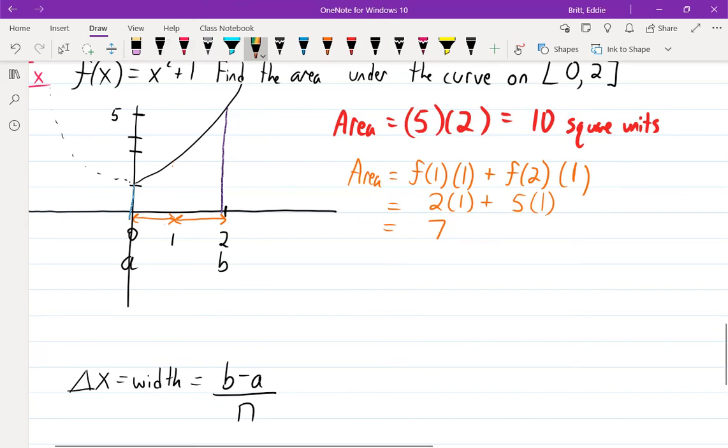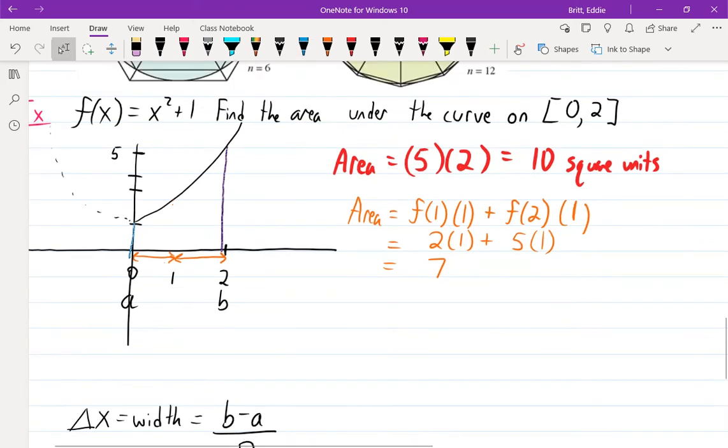All right. So if I started on the left side making rectangles, and I wanted 2 rectangles, I would have to plug in f of 0 to get the height. And f of 0 would give me 1. That would be the height of the first rectangle.